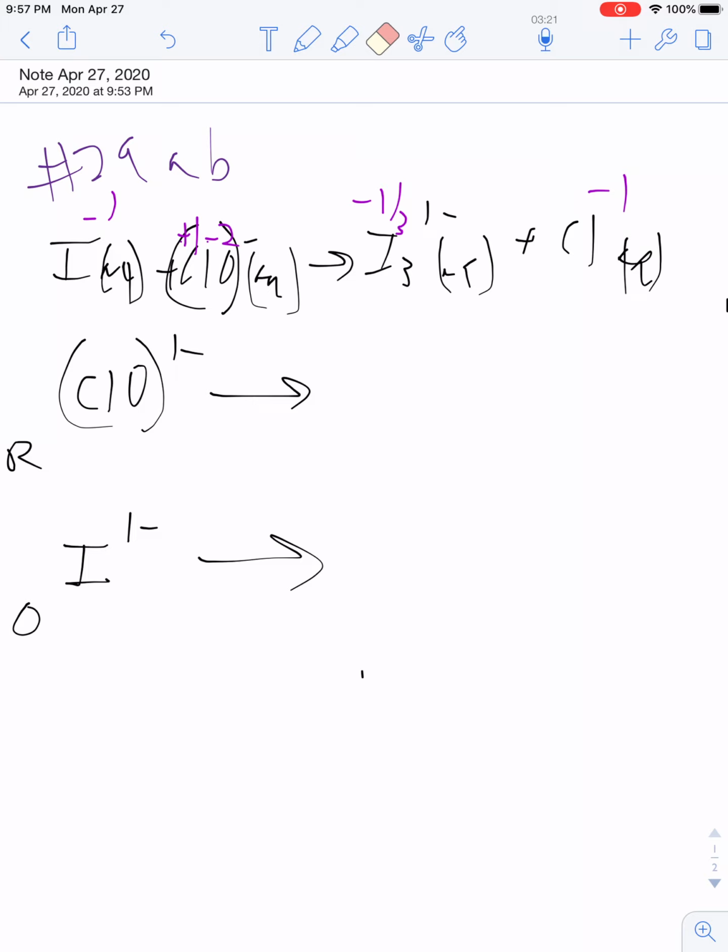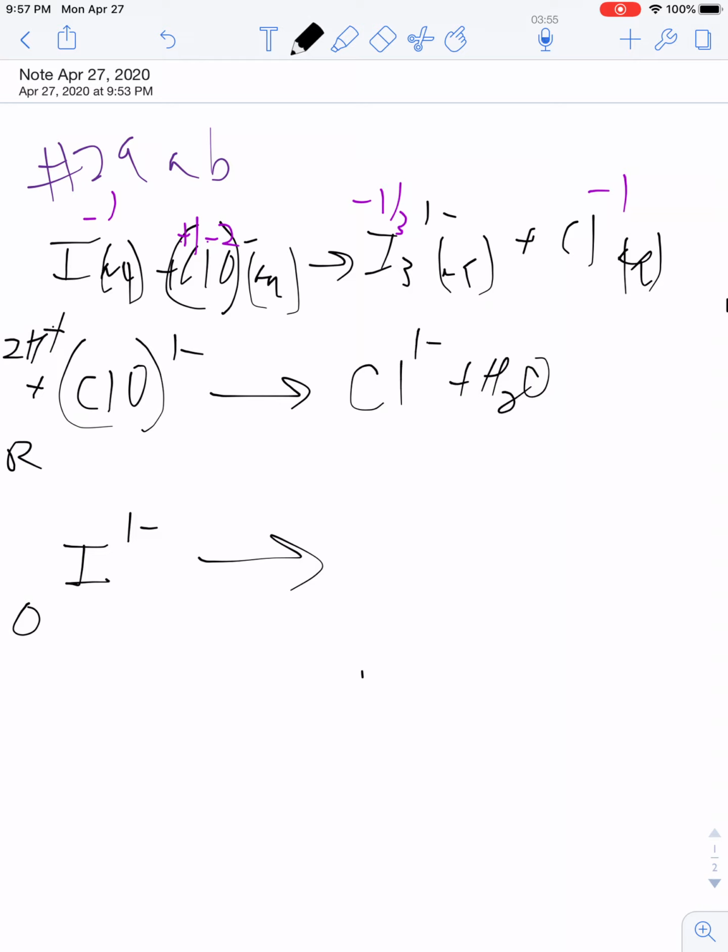So this becomes Cl-, right? And then we balance the oxygens using water. And then we balance the hydrogens. I didn't leave myself enough room. We're going to need 2 of them. And then we balance the charge.